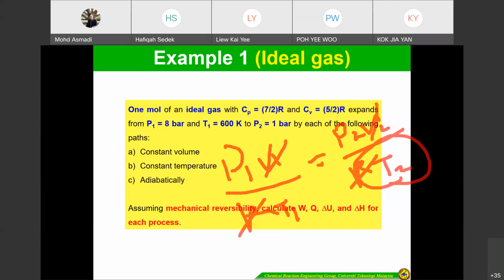So you can determine delta T. So from delta T, you can calculate delta H and also delta U, right? Okay, CV dT.